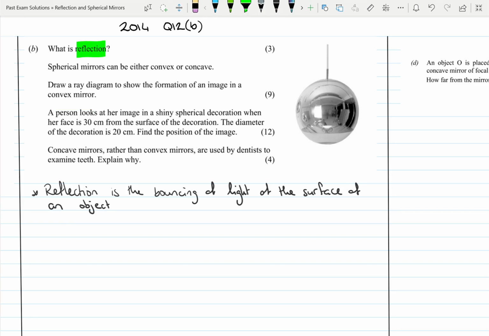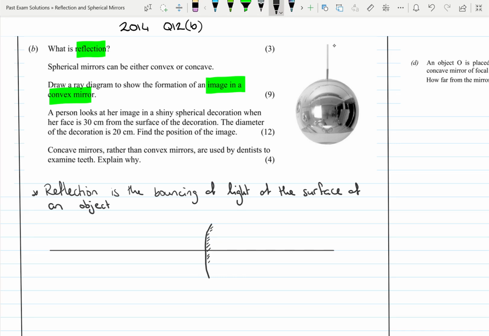Up next, we've been asked to draw our light ray diagram to show the formation of an image in a convex mirror. This is the first time we've been asked a question on a convex mirror. First things first, guys, we're going to draw our principal axis. Remember, a convex mirror bulges out at the center rather than caving in at the center like a concave mirror.